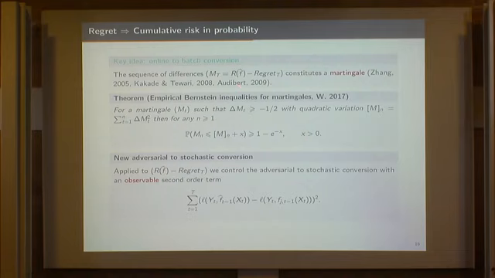And actually, the difference between the regret and the cumulative risk, it's not hard to see that they constitute a martingale. And so the proof of Pierre was based on Hoeffding's inequality. So it's a concentration inequality, but you can use other concentration inequalities for martingales.